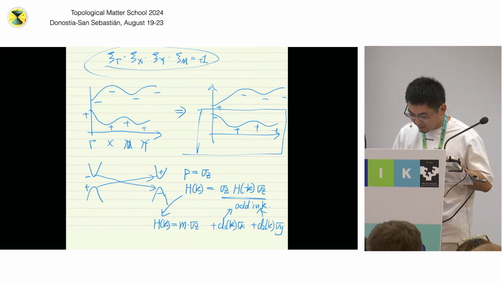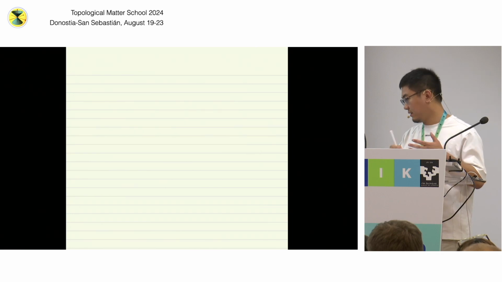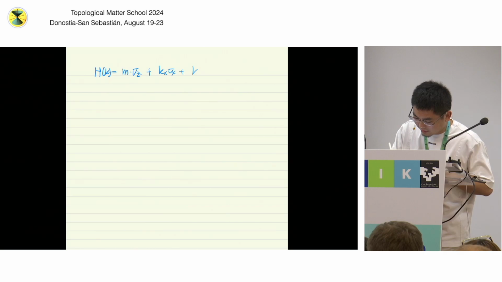So now let's see if the total Hamiltonian is gapped or not. The simplest choice for the d1, d2 function is just kx and ky. So the simplest Hamiltonian we could have is m times sigma z plus kx sigma x plus ky sigma y.